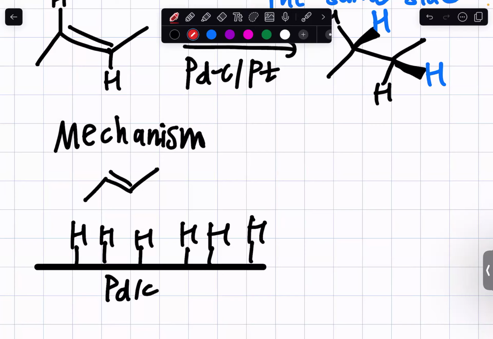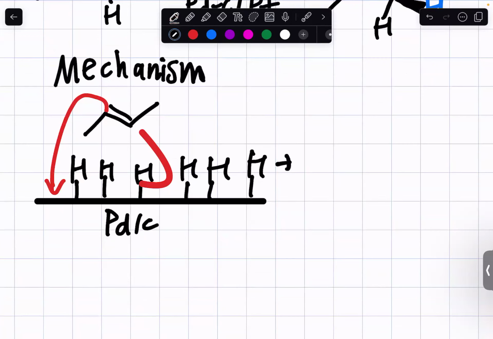I see. So one of the hydrogens here is going to attack the alkene, and then the other side of the alkene is gonna attach onto the metal.